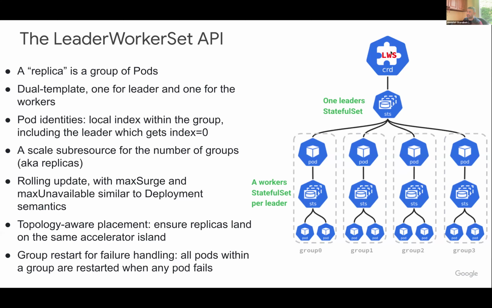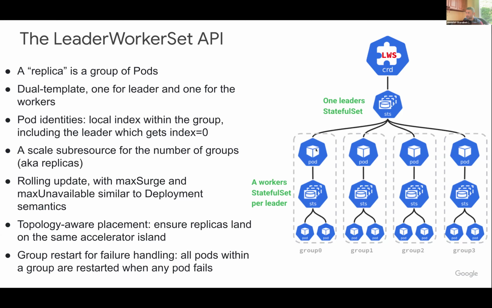When you create a deployment and say, okay, I need 5 pods, the deployment will create a replica set, and the replica set will create 5 pods, right? When you create an LWS, the first thing that we will do is create a StatefulSet. That StatefulSet will represent the leaders. So this StatefulSet will manage these pods, the leader pods, the ones at the top.